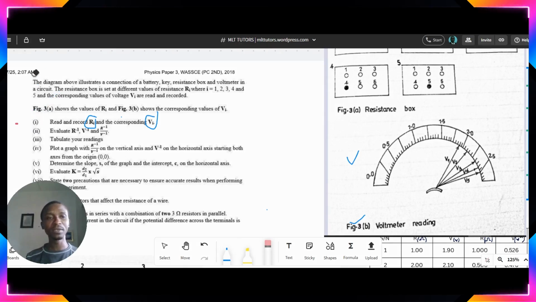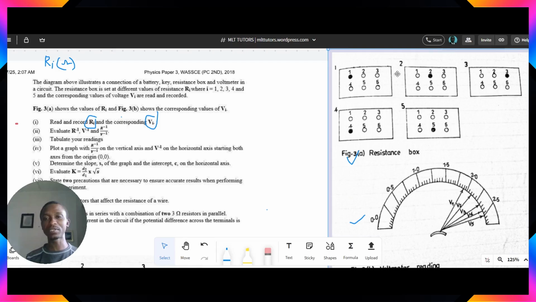So the first quantity on the table should be Ri, which is resistance, and its unit is ohms. We get that from figure 3A, where here are R1, R2, R3, R4, and R5 respectively.